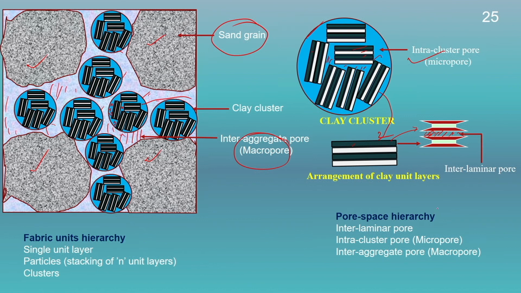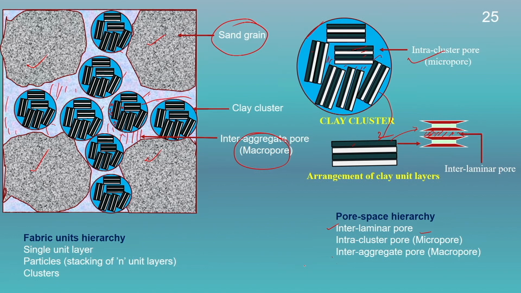If we look into the hierarchy of these pore spaces, for a non-swelling or less swelling state, generally the interlaminar pore spaces are the smallest. That will be followed by the intra-cluster pores or micropores, and that will be followed by the macropores or inter-aggregate pores. So, for a less swelling state, the interlaminar pores are smaller and the biggest one will be the inter-aggregate pore space.